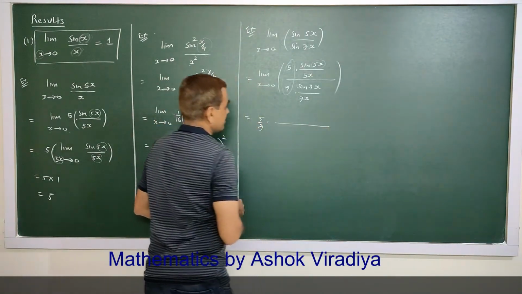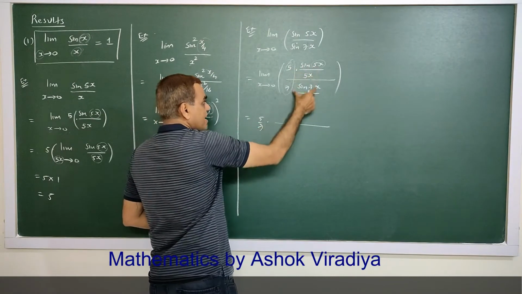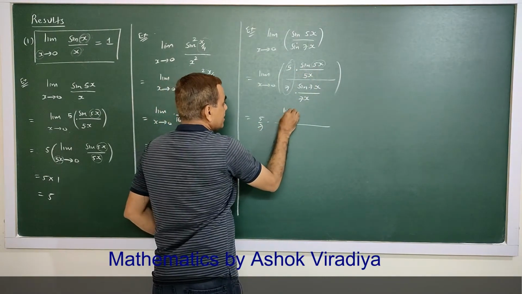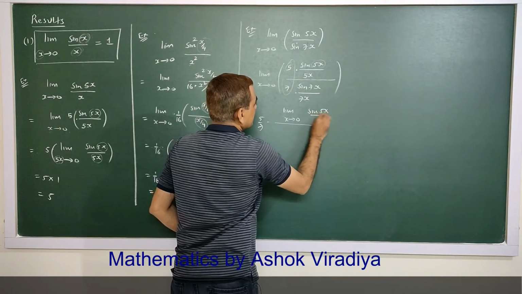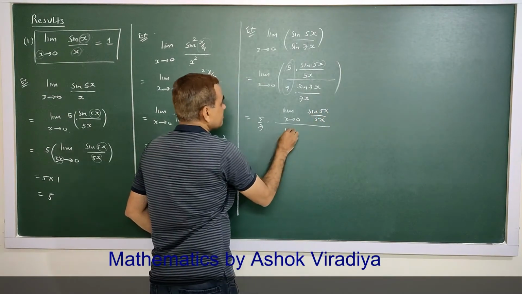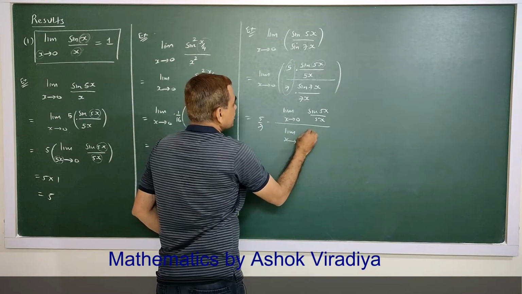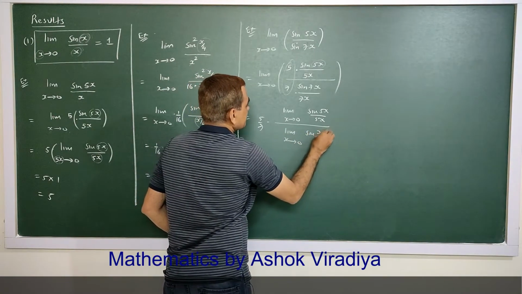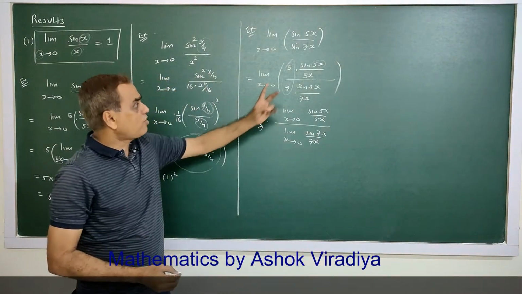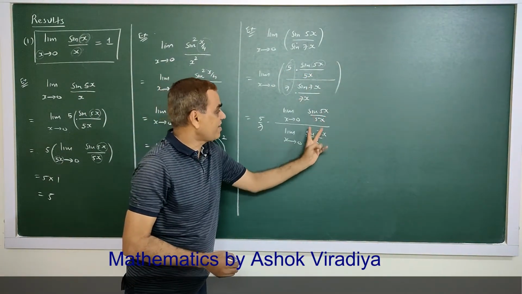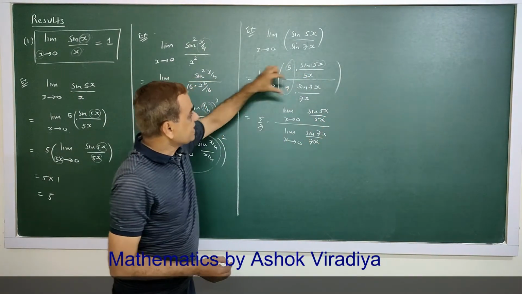And here limit of f(x) upon g(x) is limit of f(x) upon limit of g(x) after taking k out.